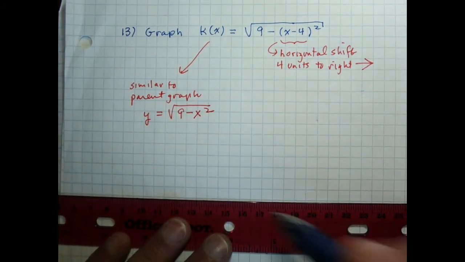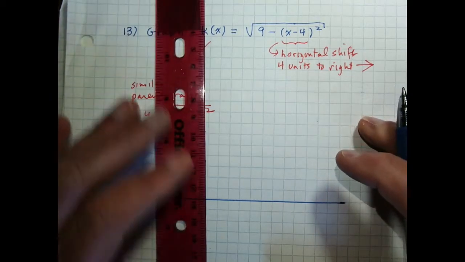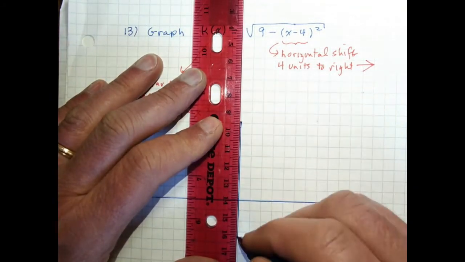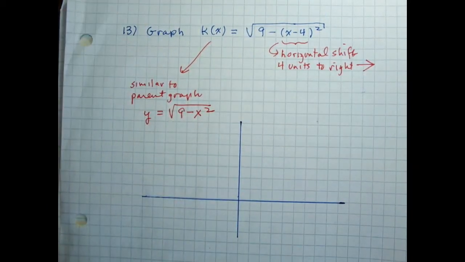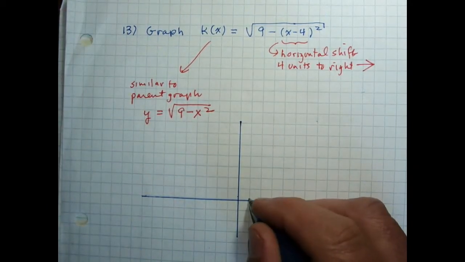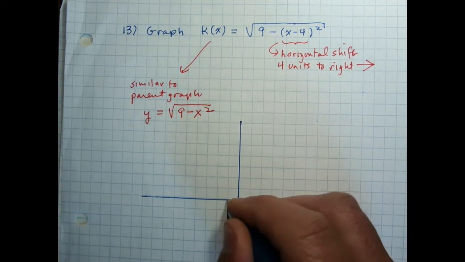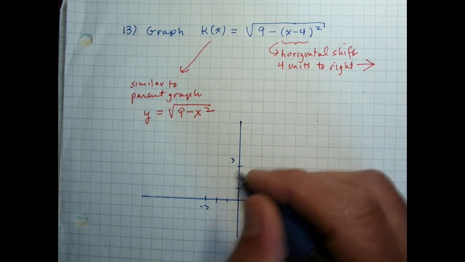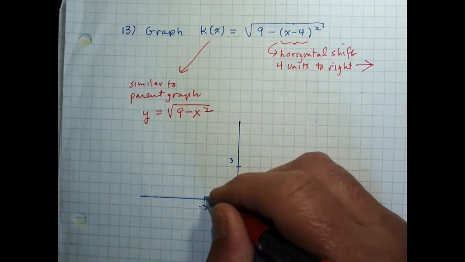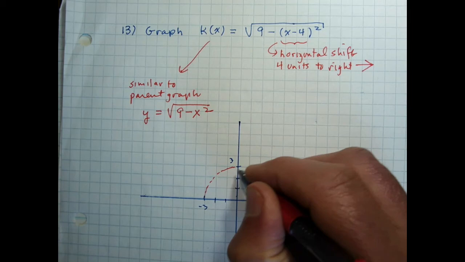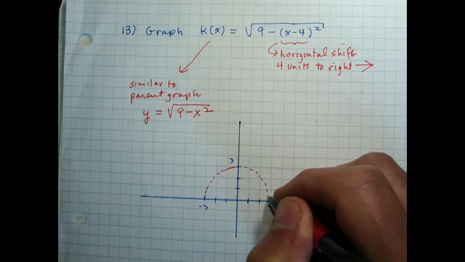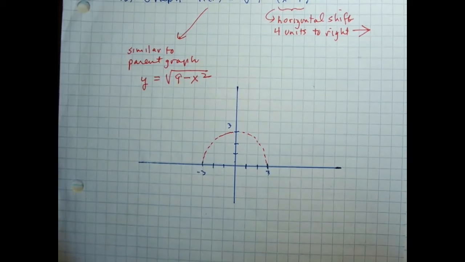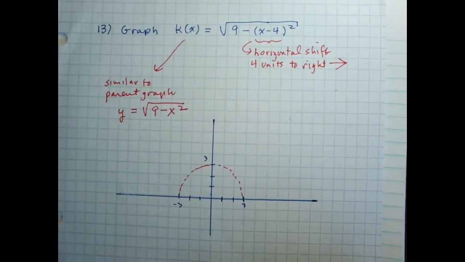So let's see if we can sketch this now. One, two, three. All right, now I'm going to lightly draw the parent graph, which is that upper half circle, radius 3, centered at 0, 0.